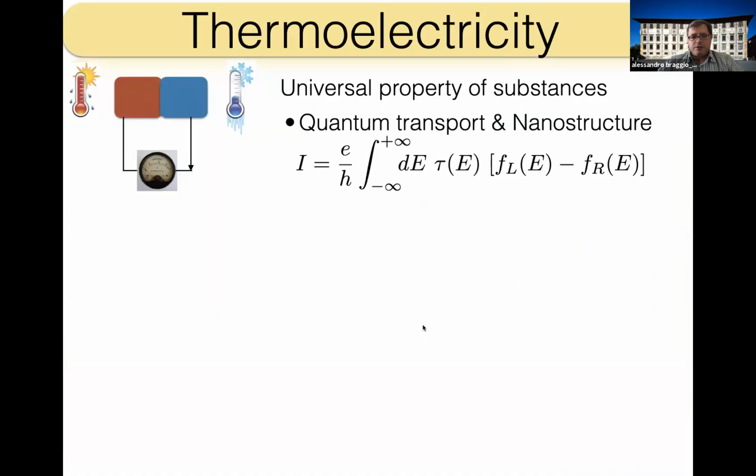Okay, many of you have spoken about thermoelectricity, so I can go quite fast here. Essentially, I take also the argument of quantum transport, the Landauer approach and so on.